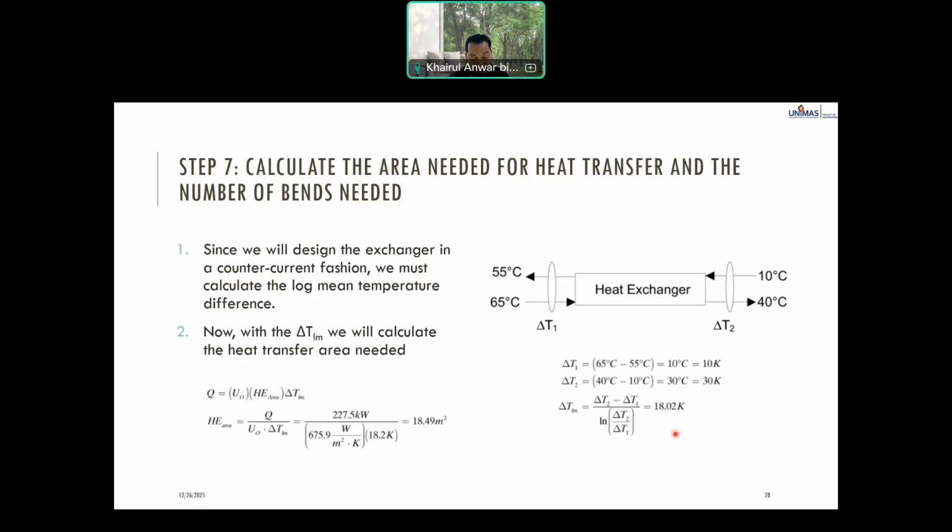So Q equals UO times HE area times delta TLM. So we need to find the heat exchanger area. So HE area equals this expression, we get 18.49 meter square. So this is the total heat transfer area.